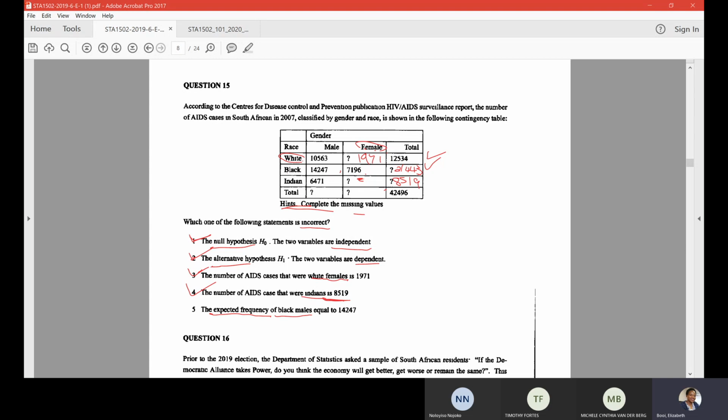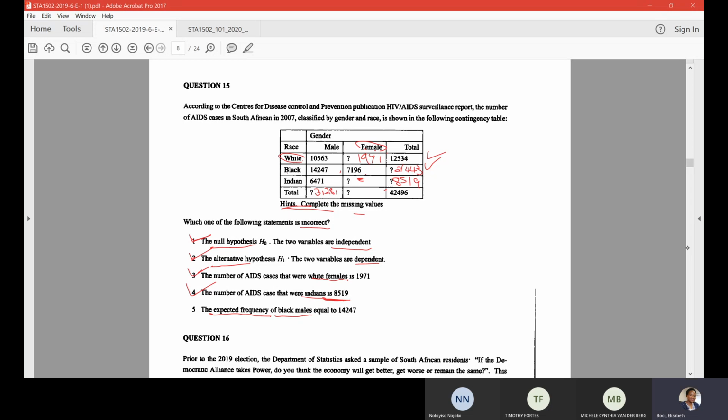So black male, we need to calculate total for male, which is 10,563 plus 14,247 plus 6471 equals, what do you get? 31,281. Okay, I also get the same. 31,281.